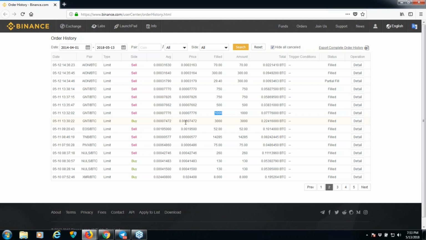I bought them at 0.00007472 of a Bitcoin, I think around 30 cents or something like that. I put an order in to sell 1,000 at a profit. That profit was 77.76, at 4.8%.